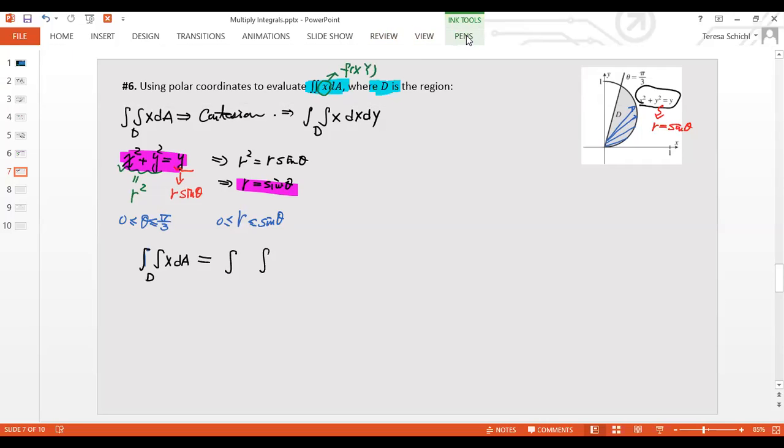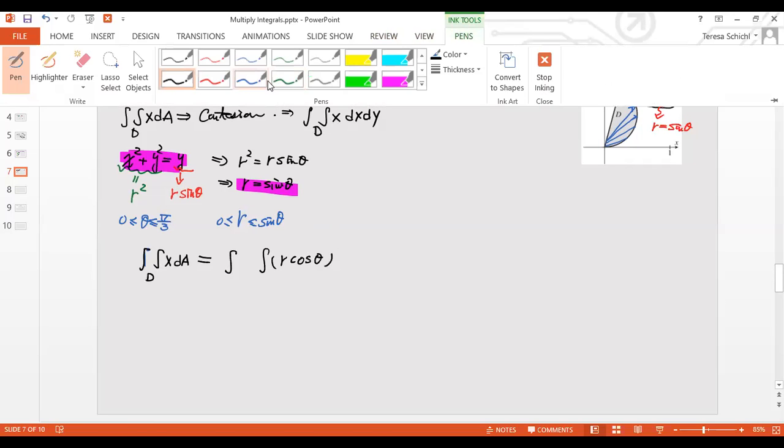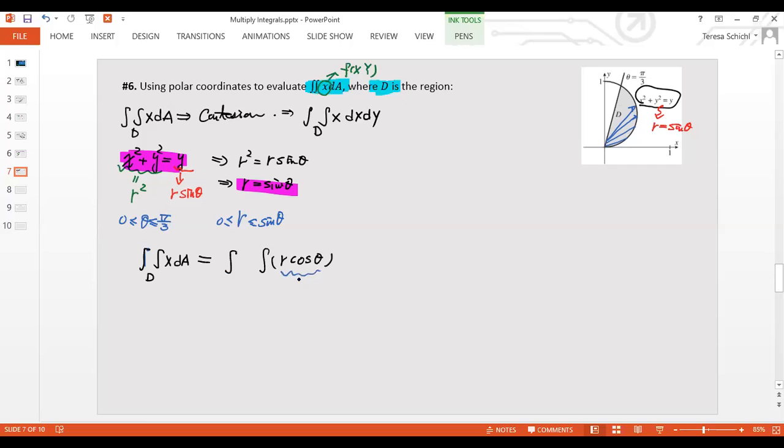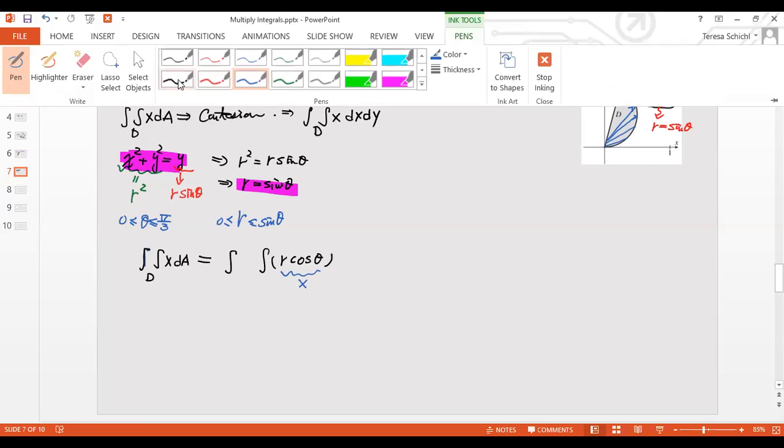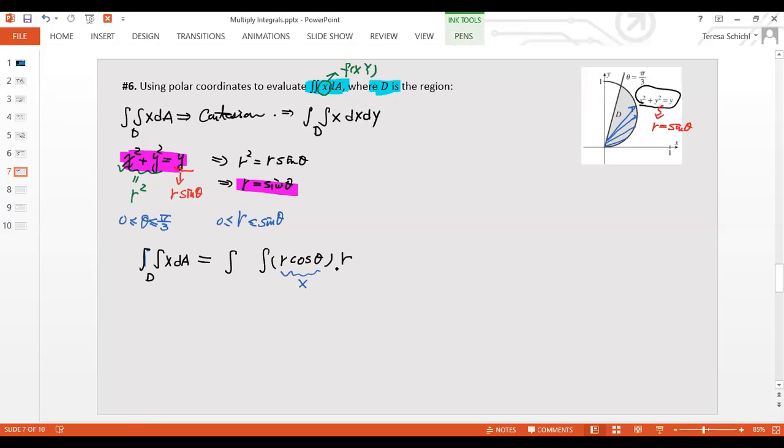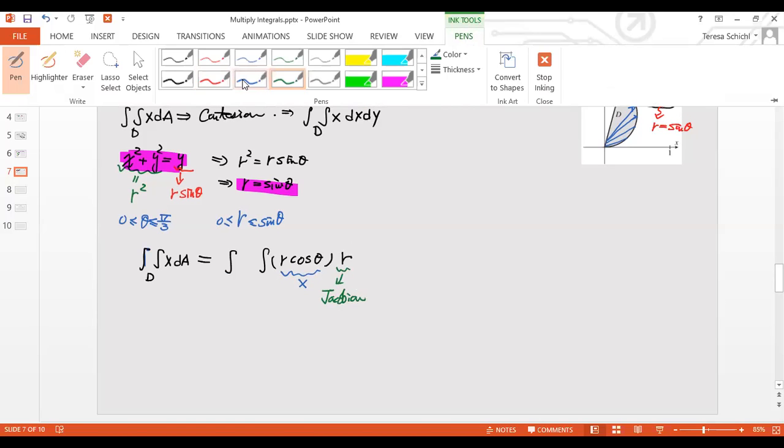So when I plug in, x is r cosine theta, right? Then don't forget, I need to have the other r. What is this r here? This is the Jacobian, right? That's very important.